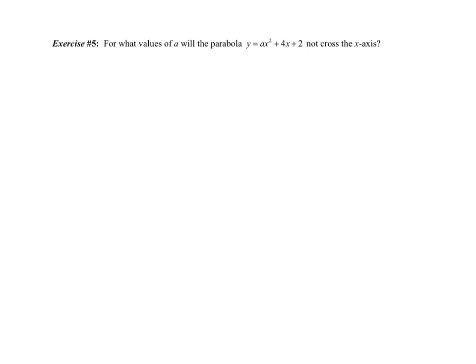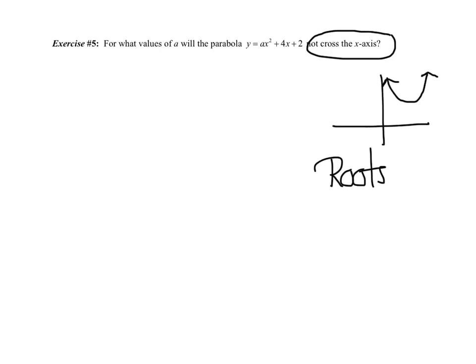Example 5. For what values of a will the parabola not cross the x-axis? All right, now this one's a little sneaky. You've got to think about this. If your graph does not cross the x-axis, what do you know about its discriminant? Well, I know if I'm not touching there, the roots are imaginary.